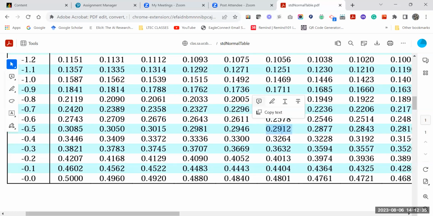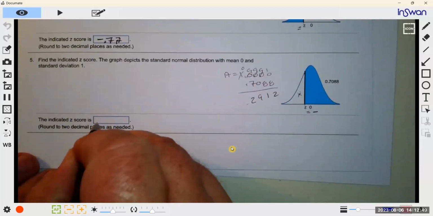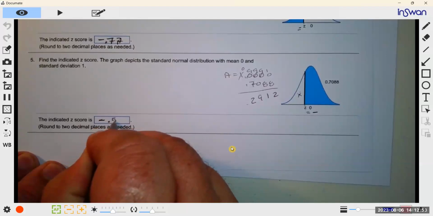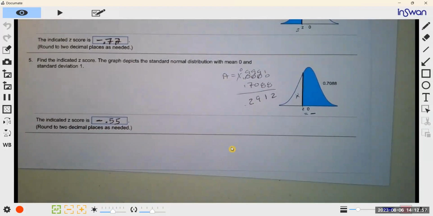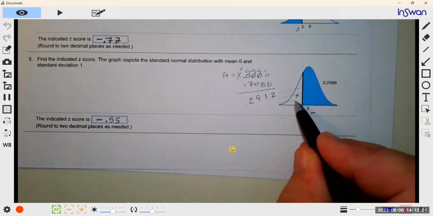So it's negative 0.5 and go all the way to the top, 5. So our answer is negative 0.55. Remember, our chart only finds this area, so we have to find what area that is by subtracting it.